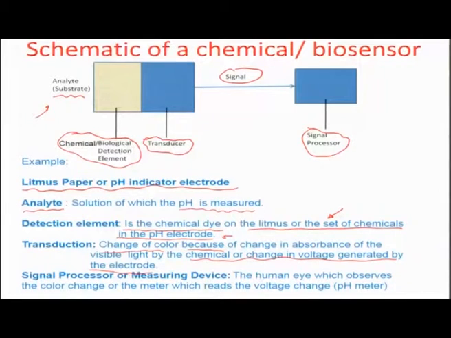Or, supposing you wanted to record electrically, then there can be some kind of electrode which measures the hydrogen ion concentration in the solution through some kind of equilibrium chemistry, and it transduces in terms of a few electrons being transferred, either released or taken up.